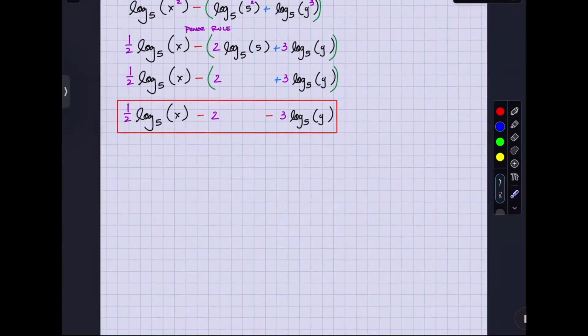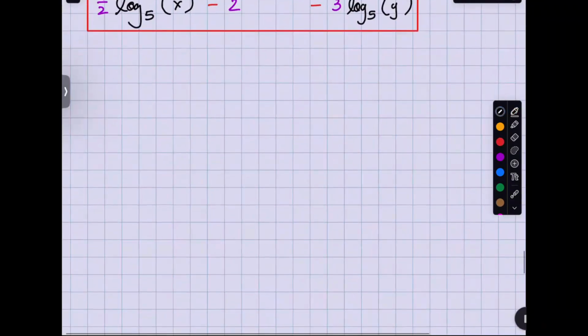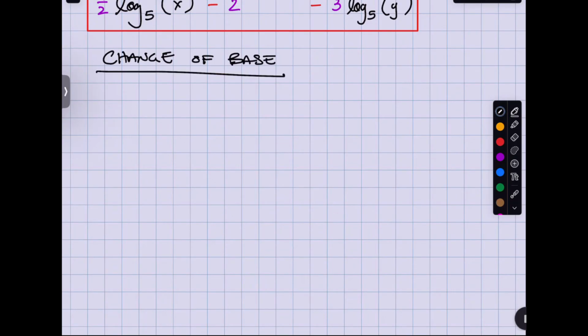Last but not least, the reason why we have change of base is because when these lessons were taught, we only had these calculators, which only had the common log and the natural log, right?